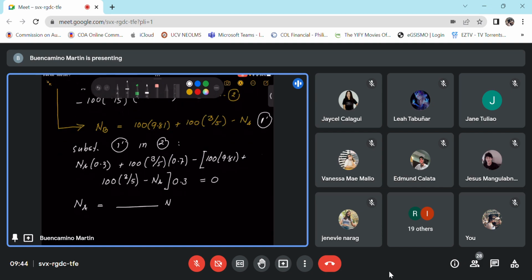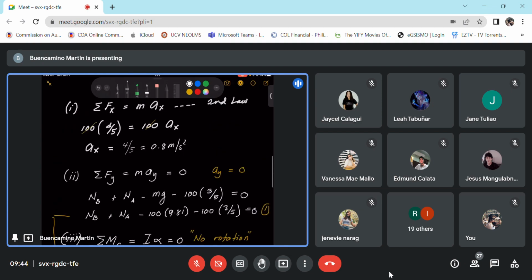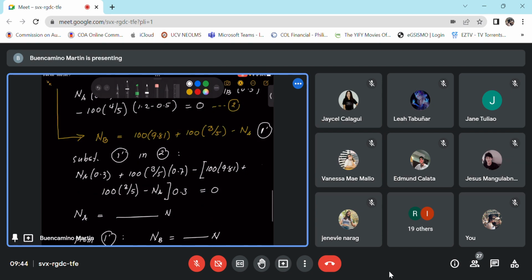And using now equation 1 prime, we can now solve also for n sub b in Newton. Bahala na kayo mag-solve dyan. So, we can see, class, na yung step natin, madali lang, 1, 2, 3 lang yan. 3 steps lang yan.